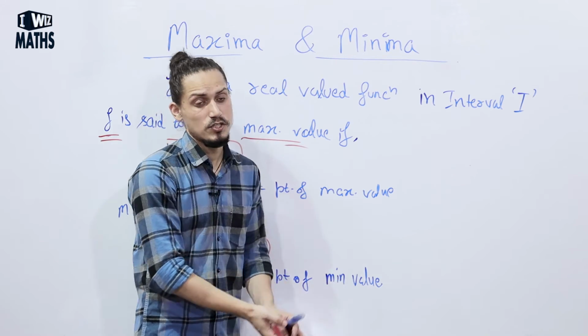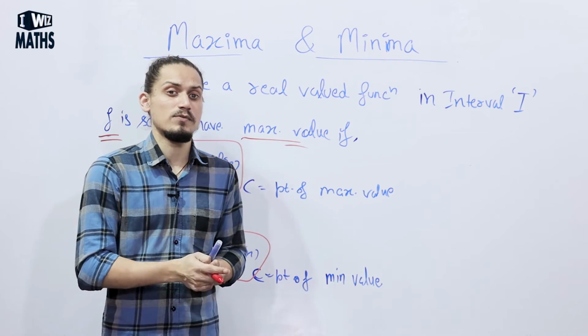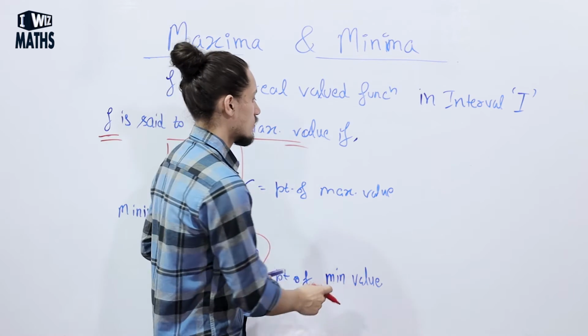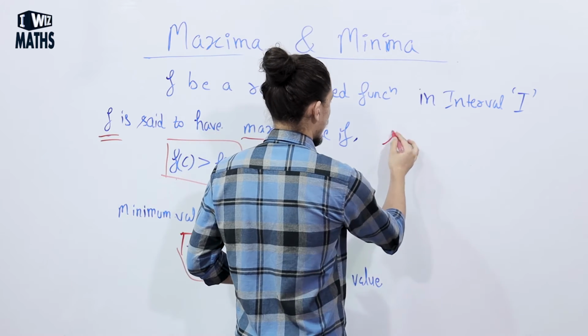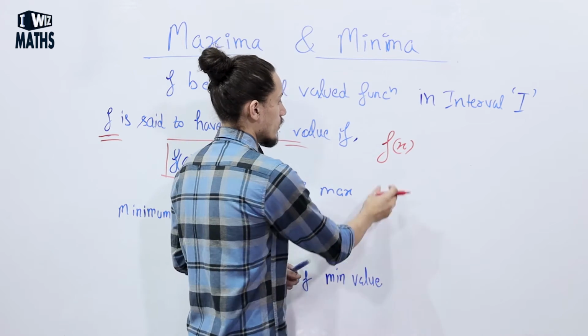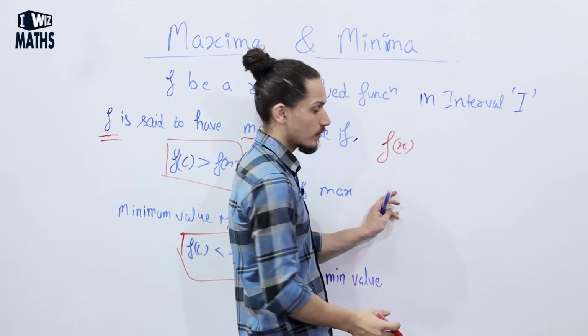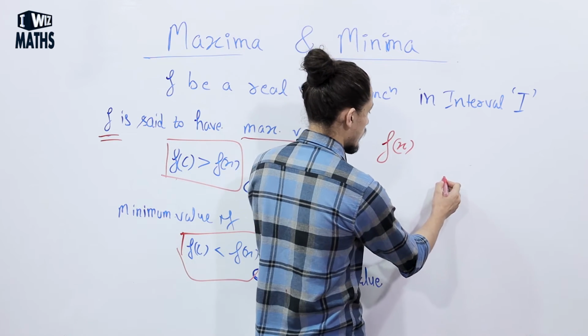This is the basic definition of maxima and minima, but the approach to the problems regarding maxima and minima is a bit different. Suppose that you have a function f of x, and you have to find its maximum or minimum value. What you do, you have to somehow find a constant number, suppose a.